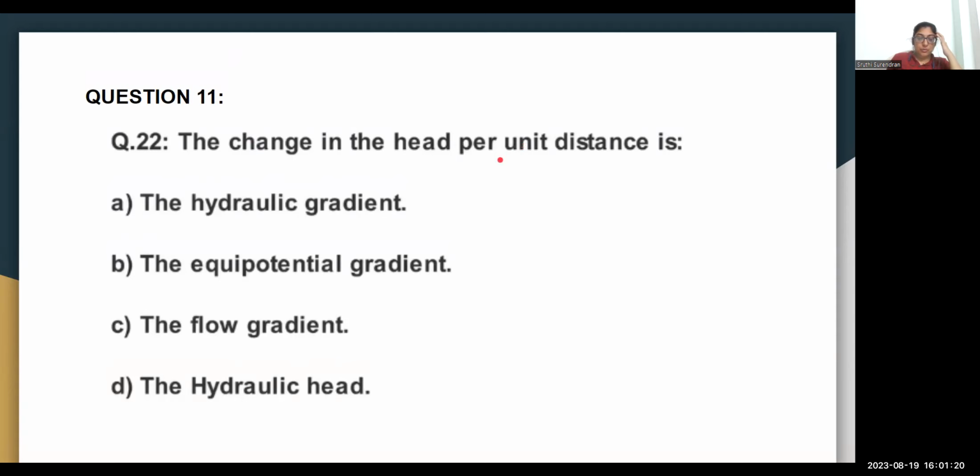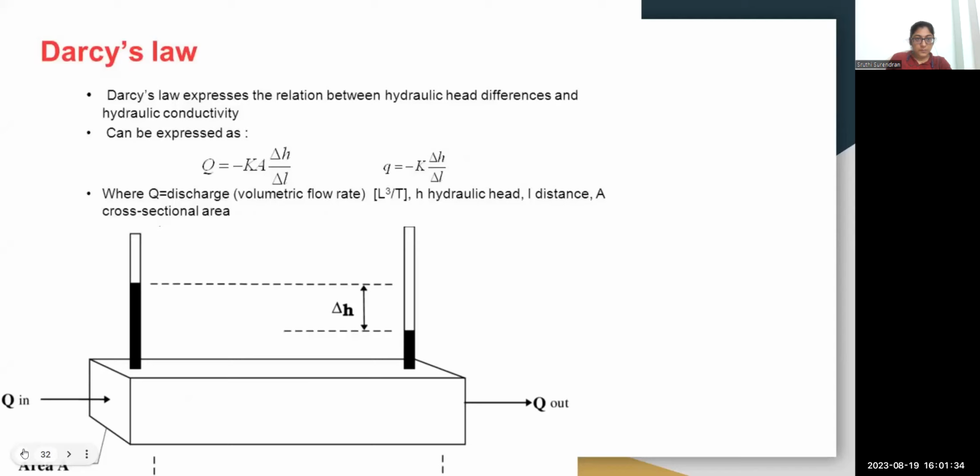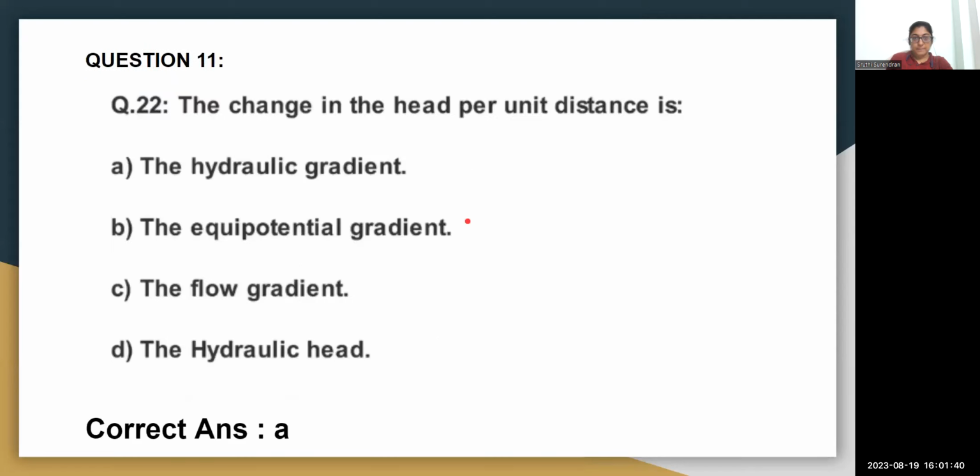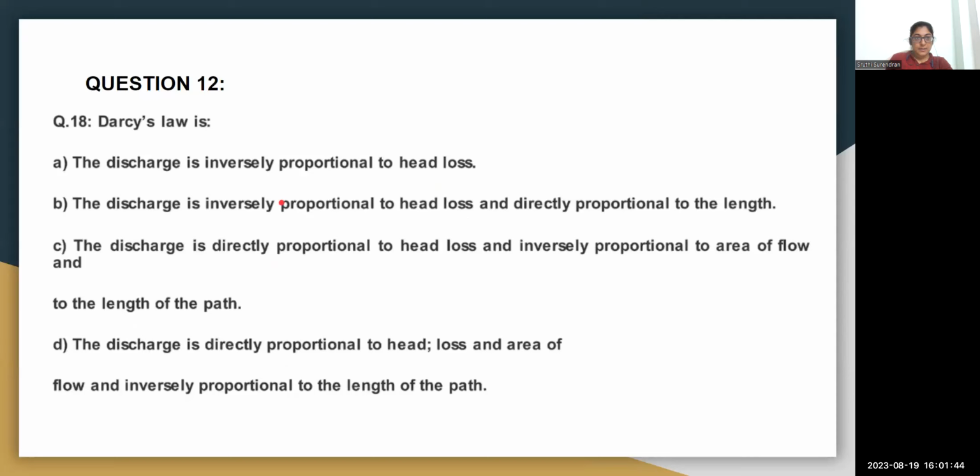We just looked at what hydraulic gradient is. Yes, it is correct. Option A is the answer. Hydraulic gradient, I'll just go through those slides once more. It is delta H by L. So the correct option is A, hydraulic gradient.